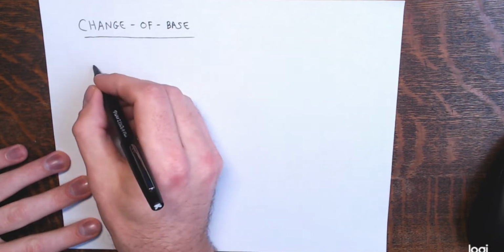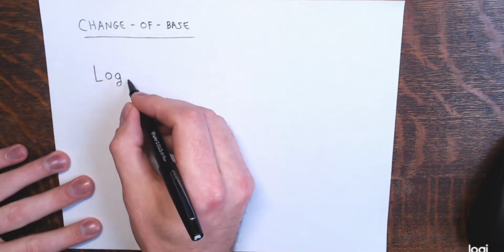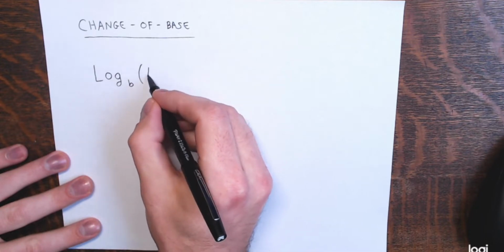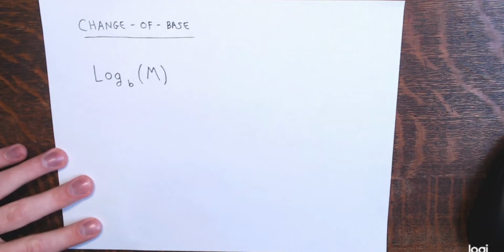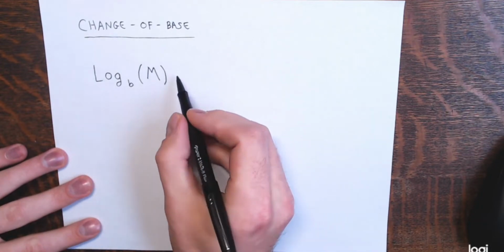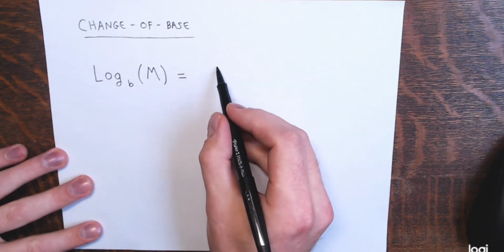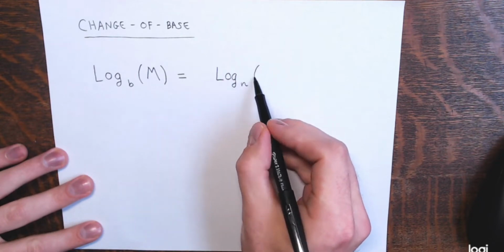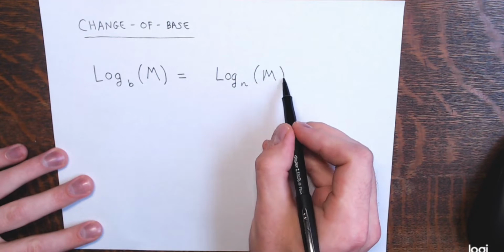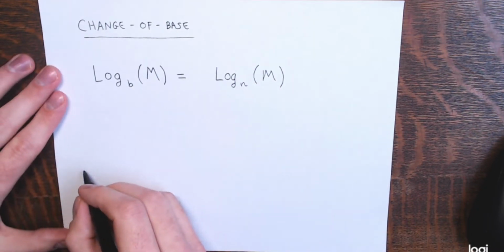So like I said, if you're taking a logarithm base b of some number, you can change the base to whatever other base you want. So say I change base b to base n, like they have in the paper there, log base n of m. Now that's not the end of it, right? You can't just change the base and say they're equal, right?